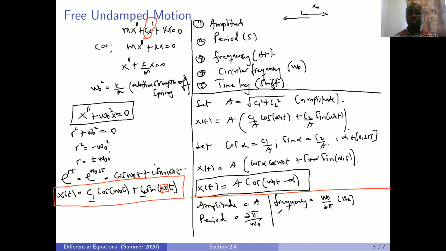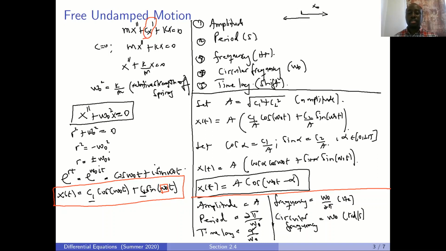Of course, my circular frequency is w0. This is in radians per second. Like I said, it's some kind of angular frequency. And then my time lag, we will define as alpha over w0.